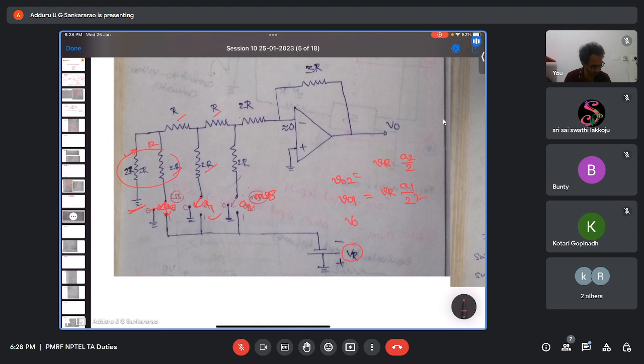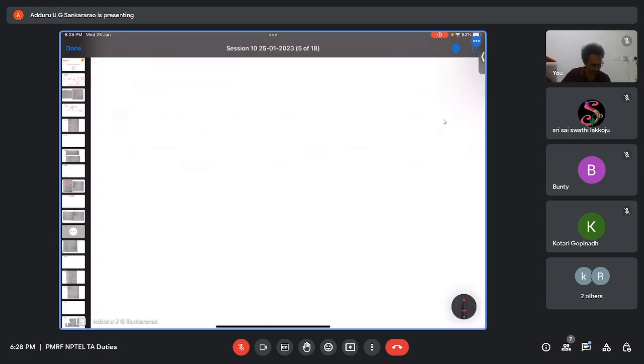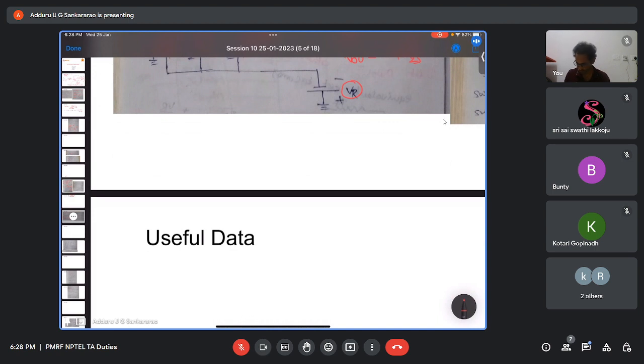And for the LSB, VR into A0 by 2 cube. Like this you'll get. So overall, you have to add all of them. Like earlier, we have seen. I think I did not miss anything.